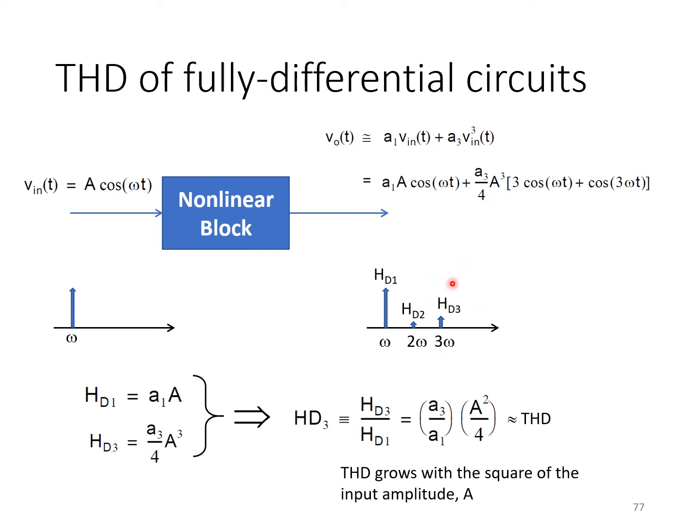In the presence of some mismatch, there will still be a finite HD2, but it should be smaller than HD3. So when we take the ratio of HD1 to all the harmonics, this term will predominate, and you'll end up with just the ratio of HD3 over HD1 being approximately equal to the THD.